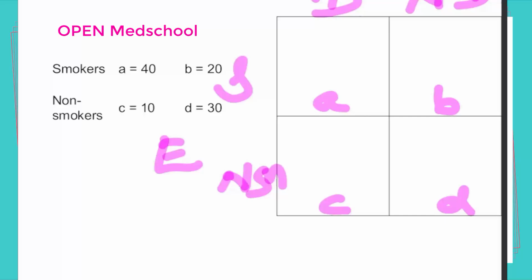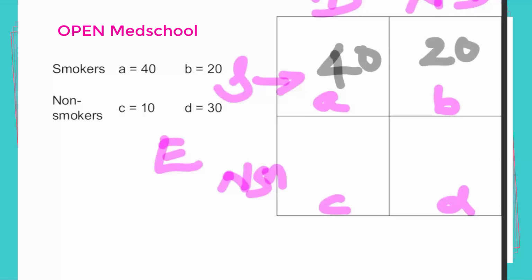This is how you tabulate. Among the smokers, how many had cancer? Here the number is 40. So 40 is the A. And among the smokers, how many had no disease? It is 20.